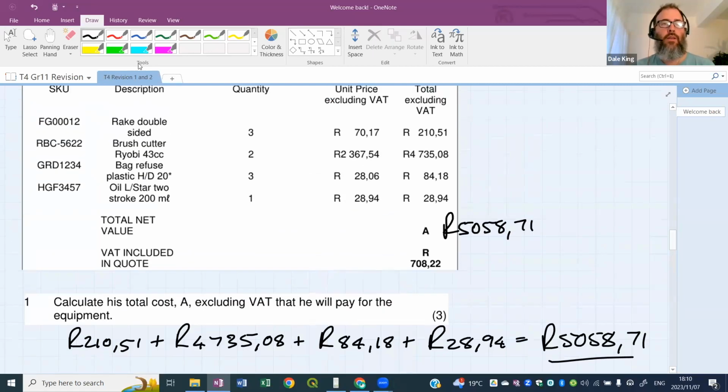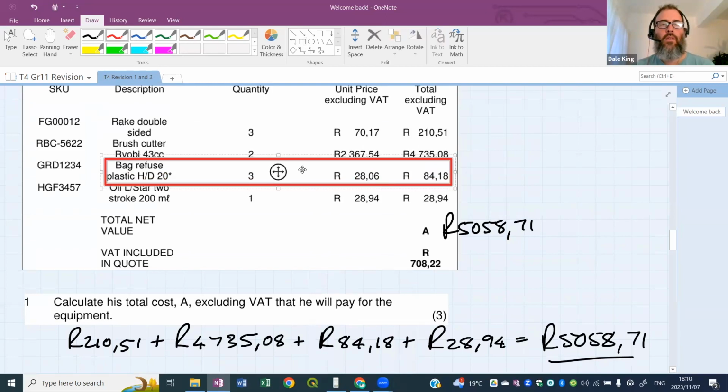Now, what are they talking about? They are talking about this line over here. Okay. Those are refuse bags, and they come in a roll of 20. All right. They want to know how much for one bag if it comes in a roll of 20. I'll give you guys 2 minutes to do that. And then put a thumbs up or put your answer in chat to let us know if you're done.